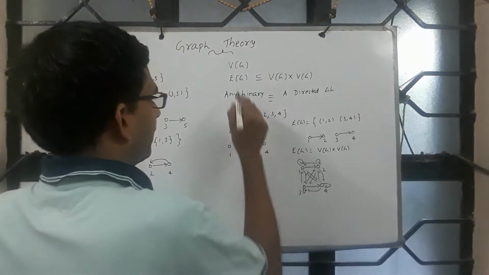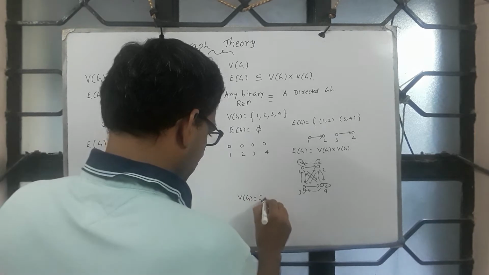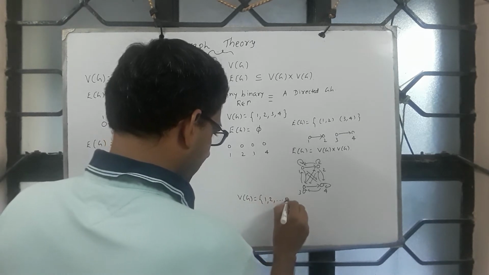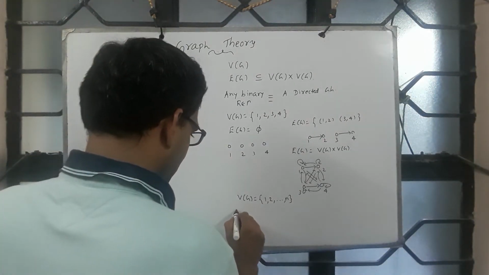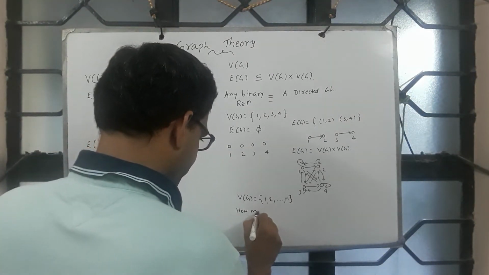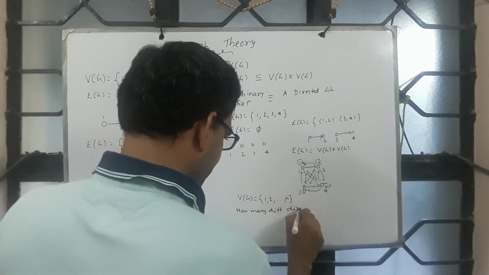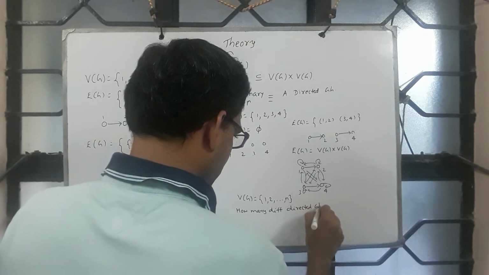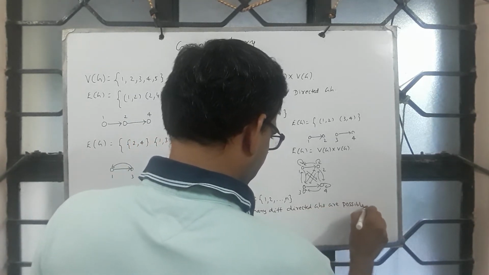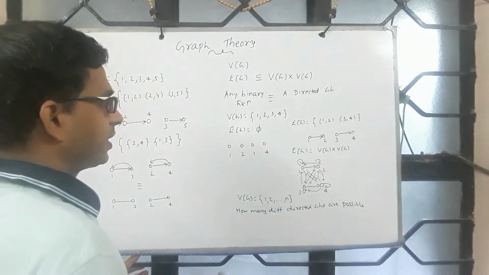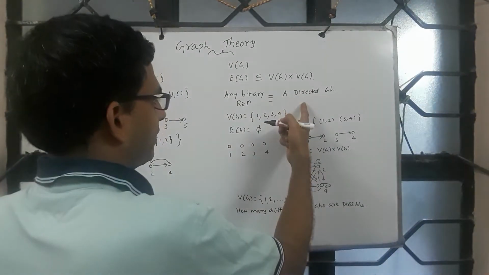So now, given a vertex set V of G on say n vertices, the question is how many different directed graphs are possible. So please note, any binary relation corresponds to a directed graph.